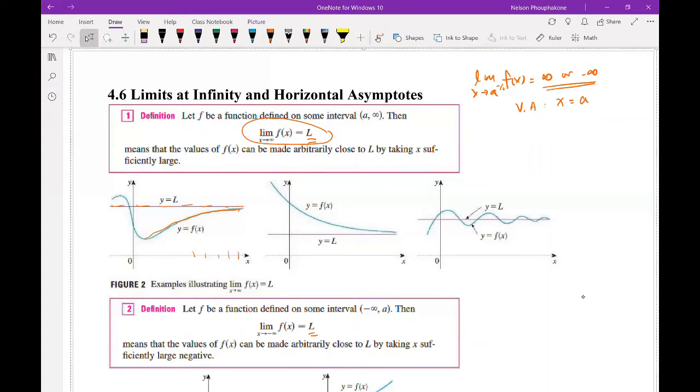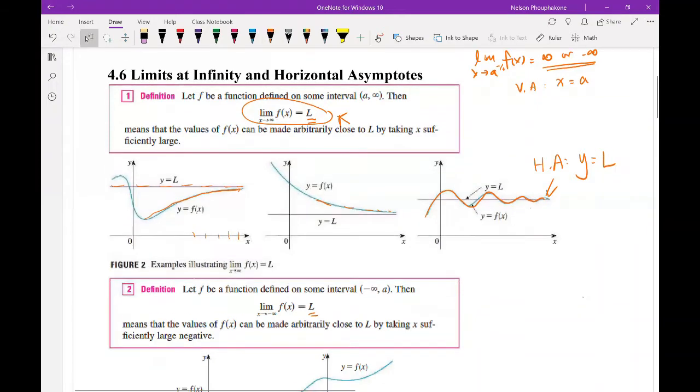Of course, we could have the function approaching from below the horizontal line or above the horizontal line, or maybe the function is alternating about this horizontal line. In this case, we have a horizontal asymptote y equal to L.